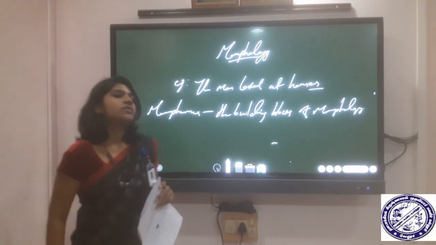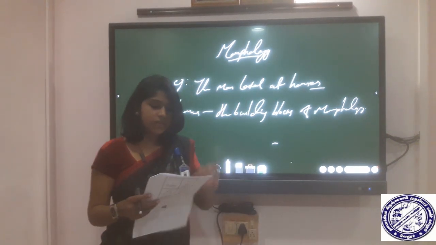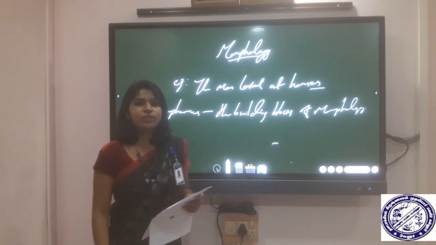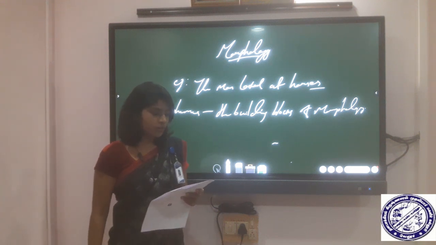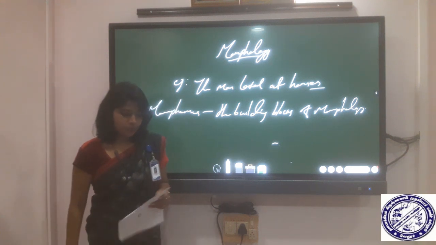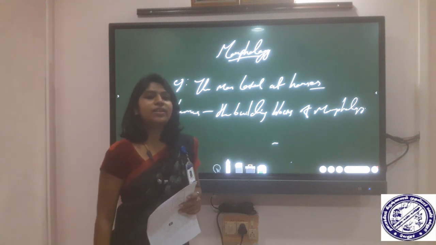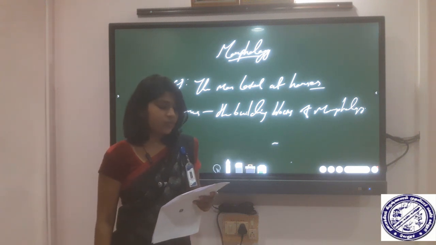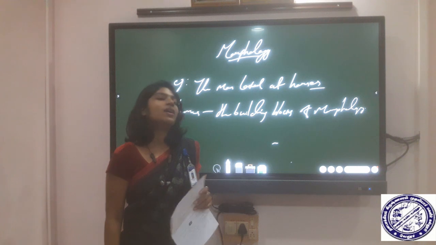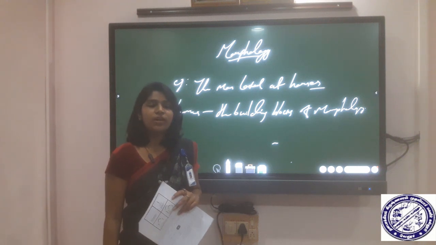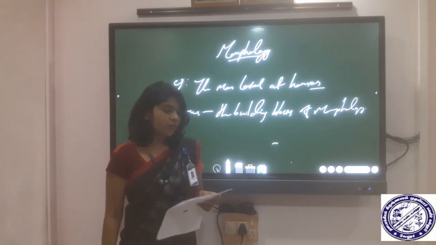Words are internal structures built of even smaller pieces, and they have two types: simple words and complex words. Simple words do not have internal structure. They consist of only one morpheme. Example: work, build, run, etc. They cannot be split into smaller parts which carry meaning or function.